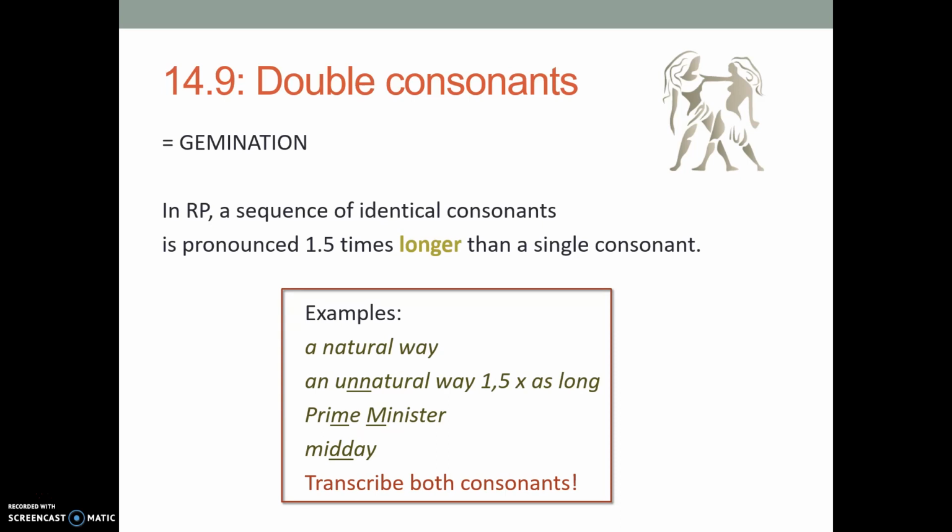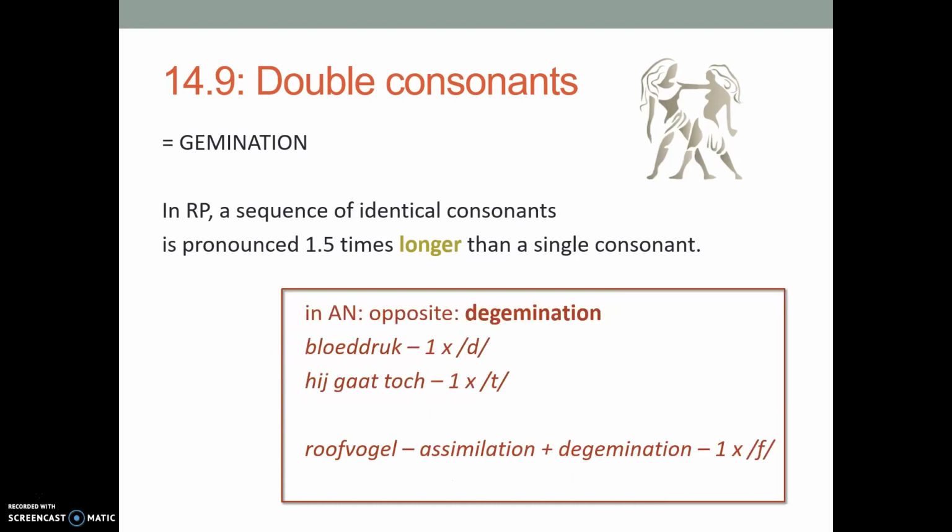In Dutch, we do degemination. We don't use double consonants like prime minister. We just say prime minister, and we have one m sound. But remember, this is in the exam. If you miss this point, don't worry. You'll be fine. So I left it in just for your information. Nice to know, but don't worry.